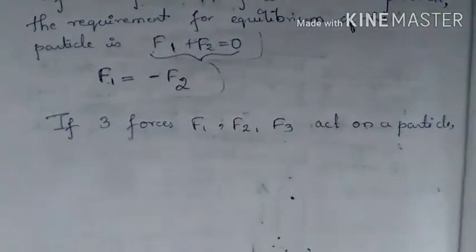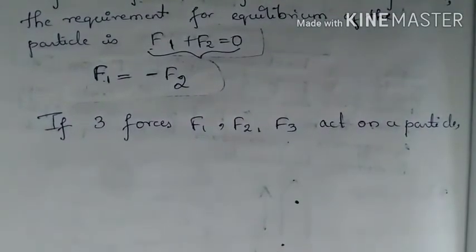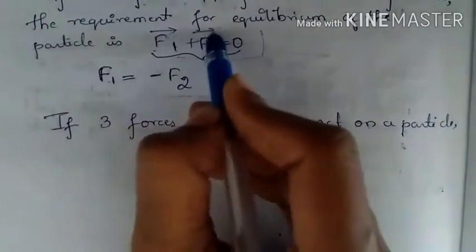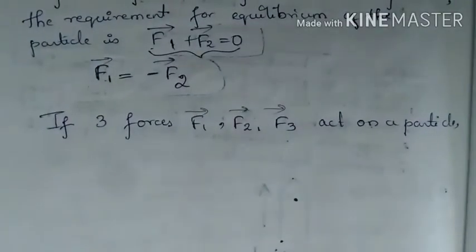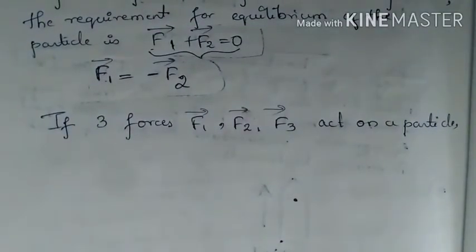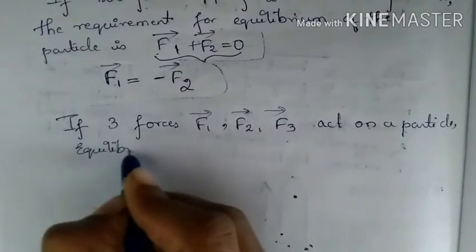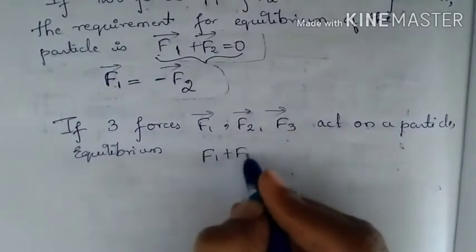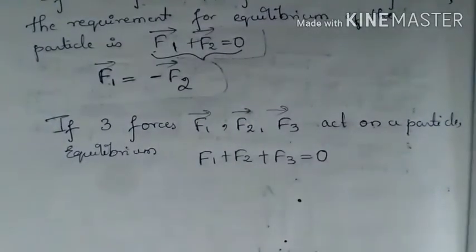So you have got three forces F1, F2, F3 which act on a particle. Then what will happen? Before that, don't forget to write the arrow mark on top of F. So F is a vector quantity. So if these three act on a particle, then for equilibrium you need to have F1 plus F2 plus F3 is equal to 0.